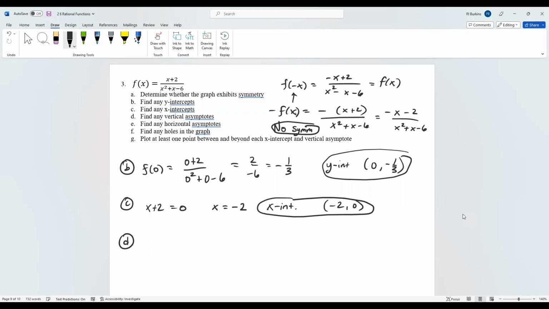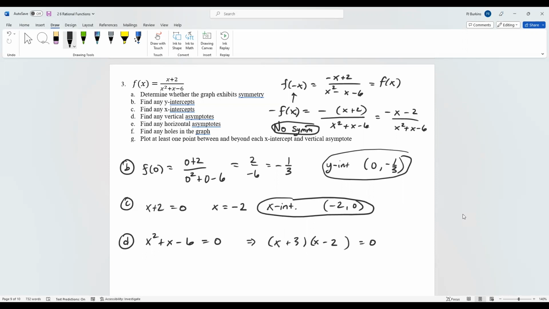What about vertical asymptotes? This is where the denominator is equal to 0. To solve this, we need to factor. So we're looking for two numbers that multiply to negative 6 and add to 1. Those two numbers are plus 3 and minus 2.